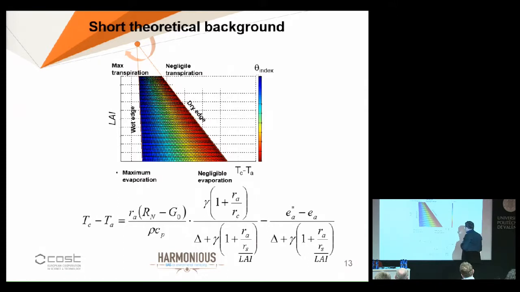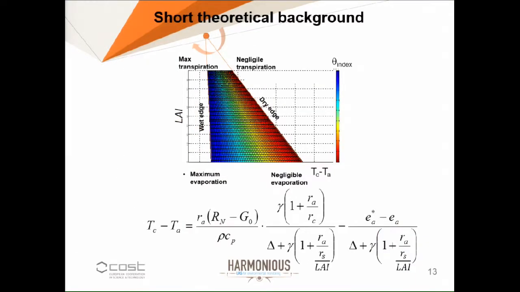This method comes from this background, and we know that the difference of temperature between canopy and air is given by this complicated equation. Within this equation, we have the stomata resistance and the leaf area index. And if we put in a scatter plot the leaf area index versus this difference of temperature, the pixels are going to assume this kind of shape.